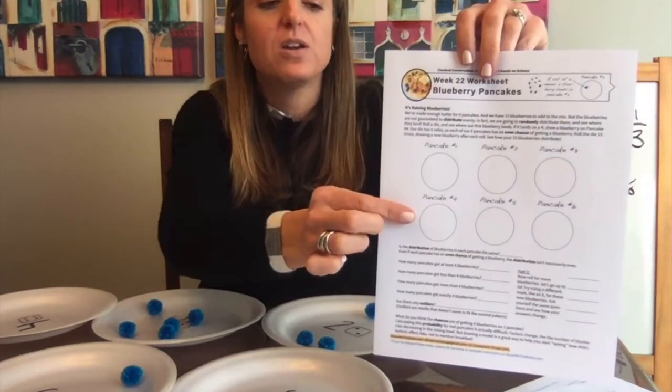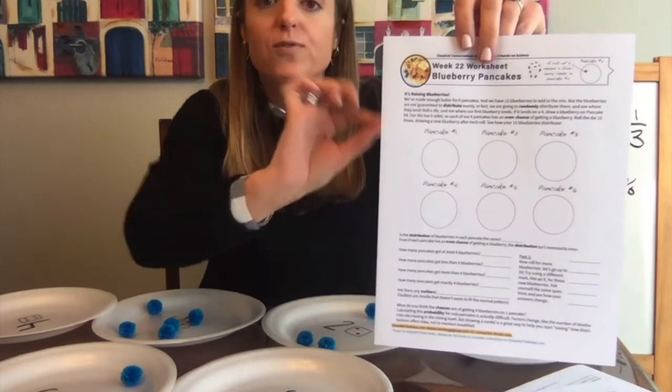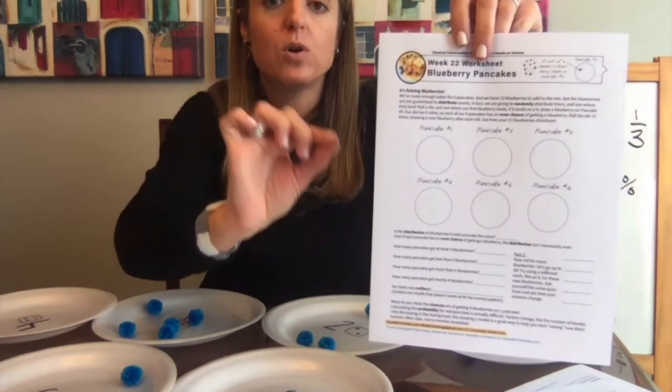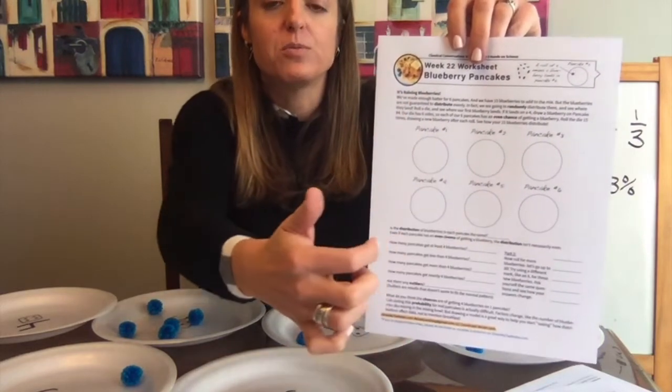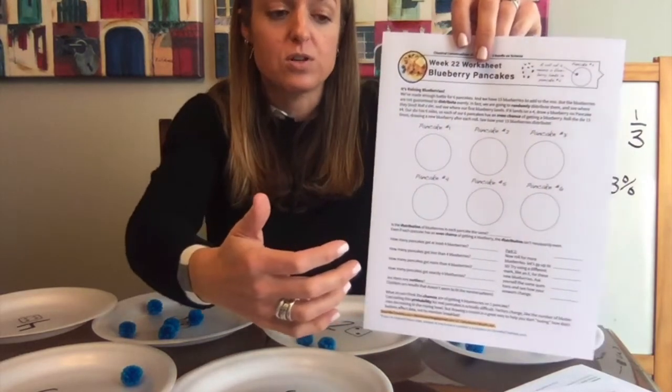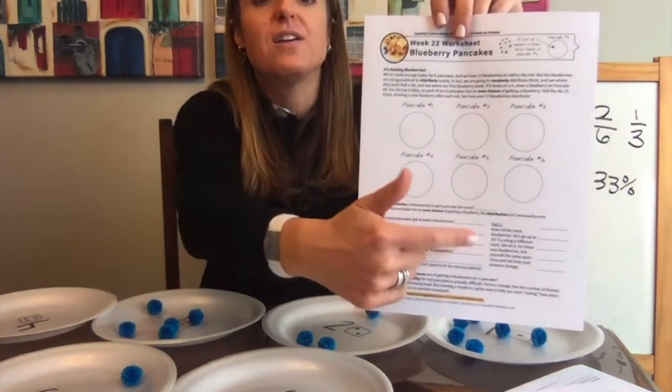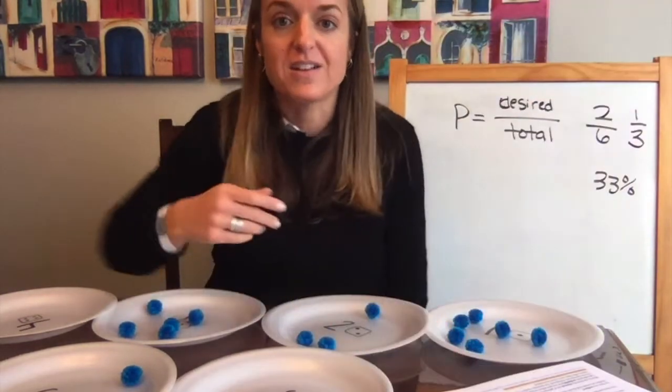I think pairs would be good to do this all from scratch, from 1 roll all the way to 15, and just draw little blueberries on their pancakes for 30 rolls, 30 blueberries, and see what they get for their outcomes, and then you guys can compare as a class.